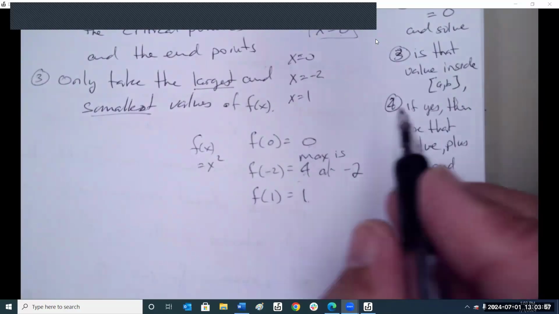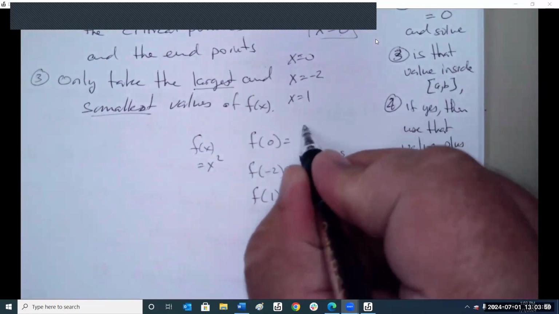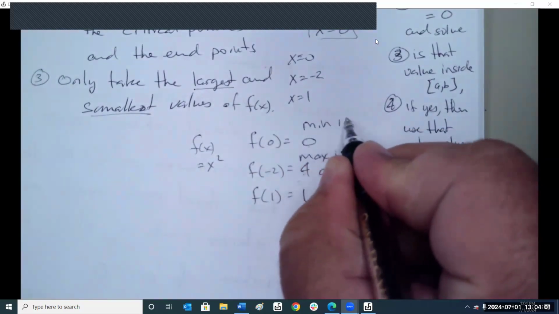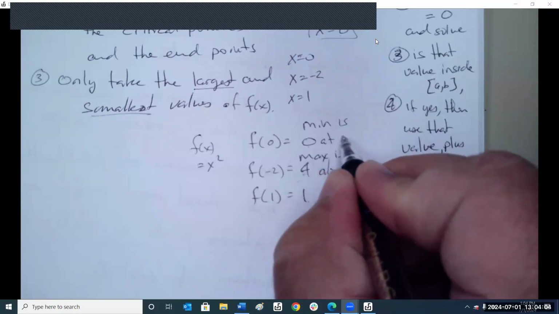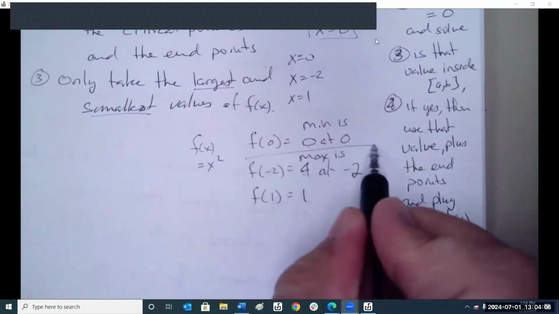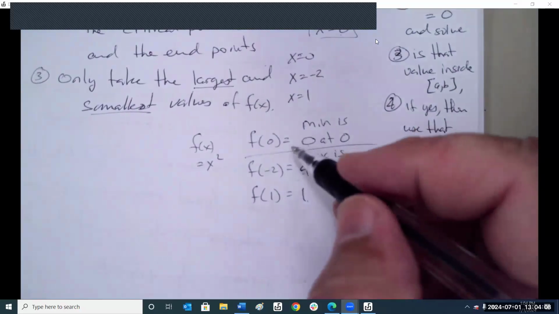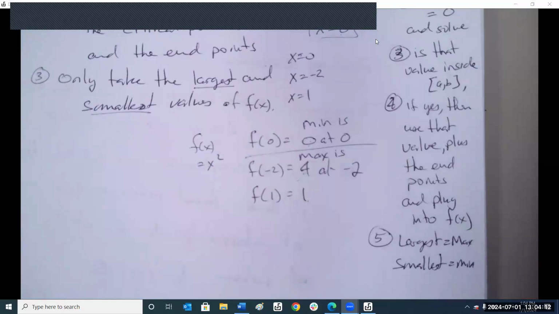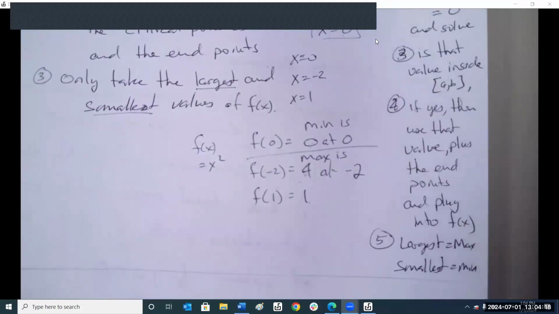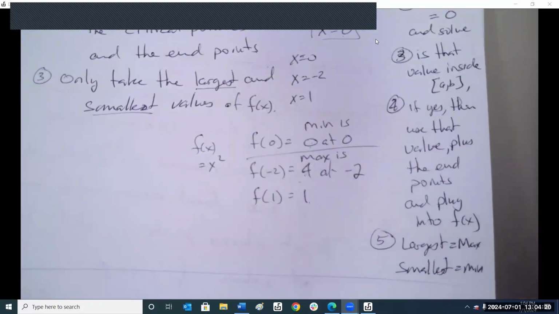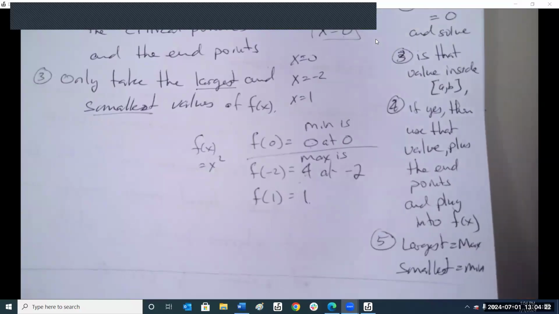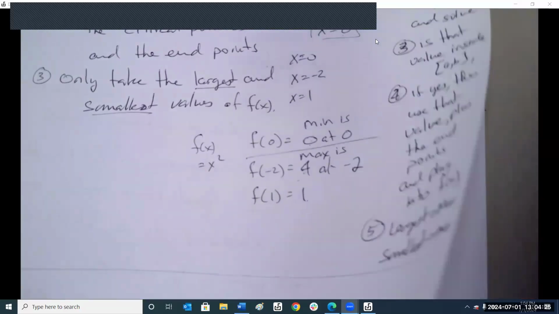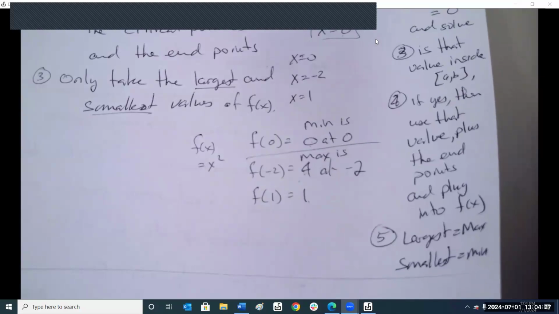Trick question. The min is 0 and it happens at 0. Once you get to this point, just look at the answers: 0, 4, and 1. The highest and lowest are your maximum and minimum. So far, so good. Ready for example 3?